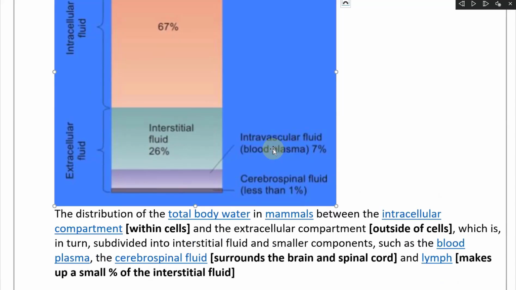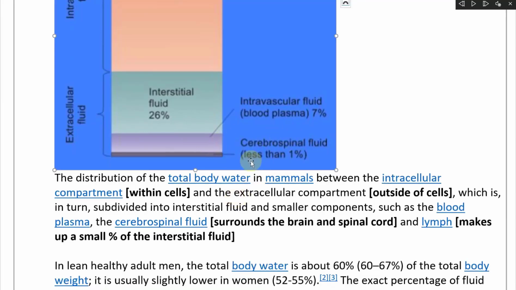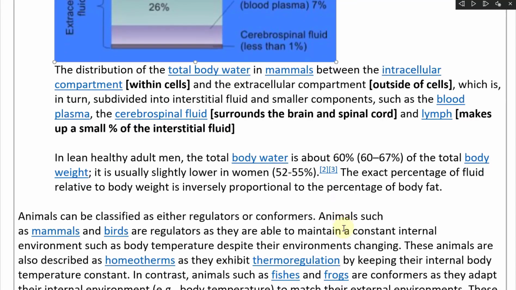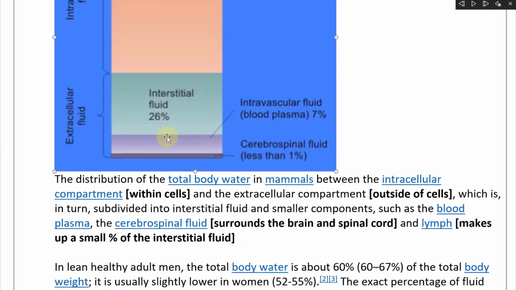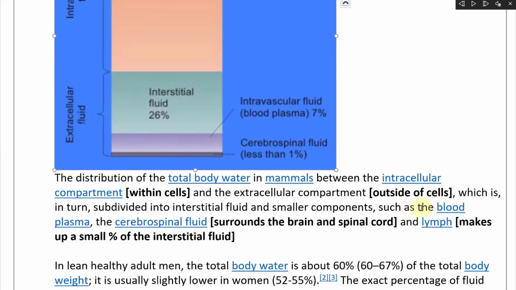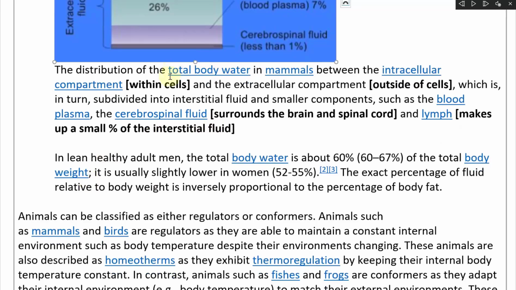Then you have the intravascular fluid, that's inside the blood vessels, and there's the cerebrospinal fluid, less than 1%, that surrounds the brain and spinal cord. And the interstitial fluid also contains the lymph, which makes up a small percentage of it.